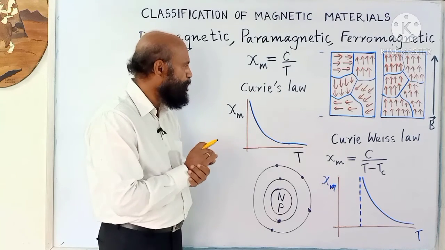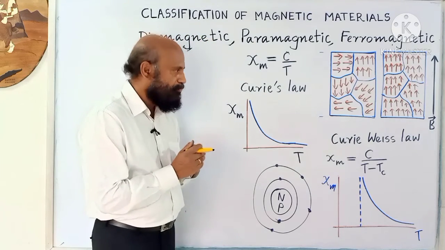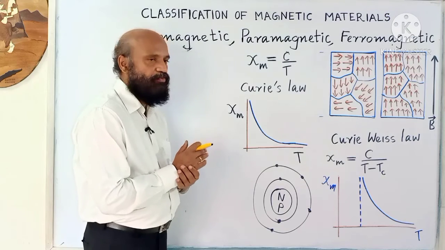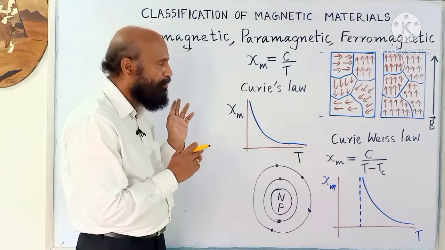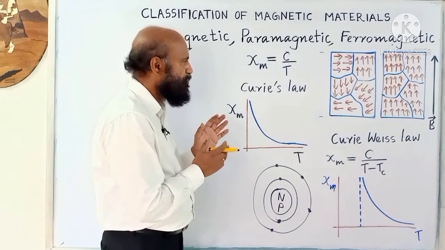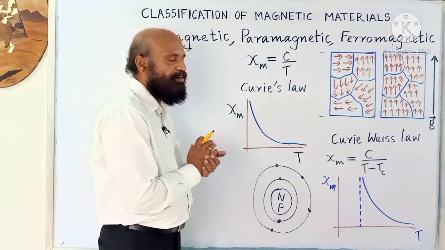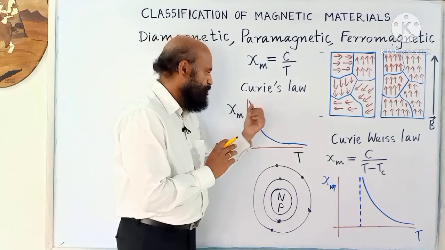So the net magnetic moment of the material is 0. But when it is kept in an external magnetic field, the magnetic moments of each atom will be aligned in the direction of the external magnetic field.